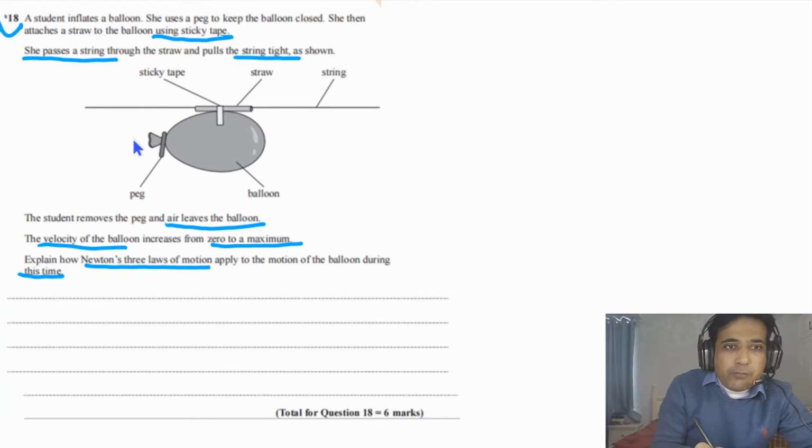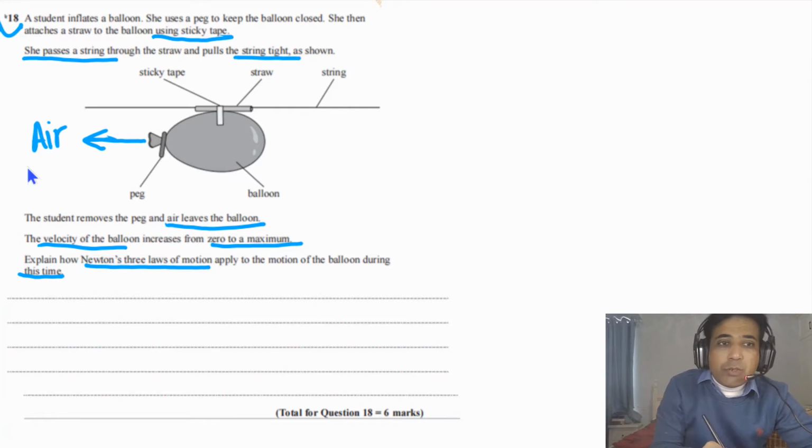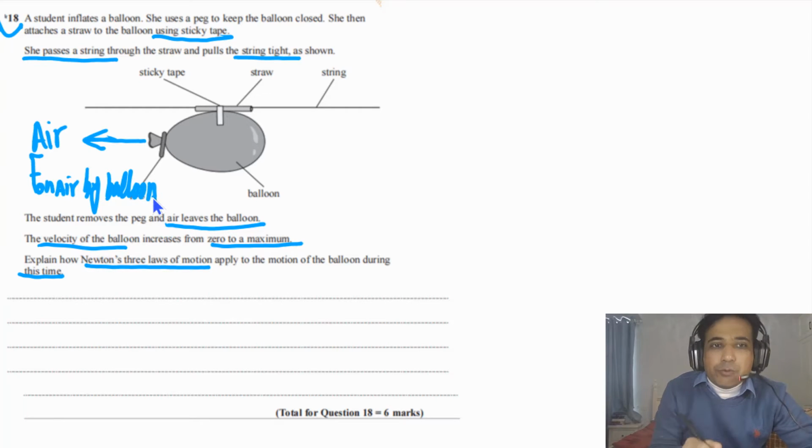So first of all, if you look at this balloon, it is given to us the student removes the peg and air leaves the balloon. So when the student removes this peg, air will go this way. So this is the direction of air. Why will air go this way? Because there is force on air by balloon.